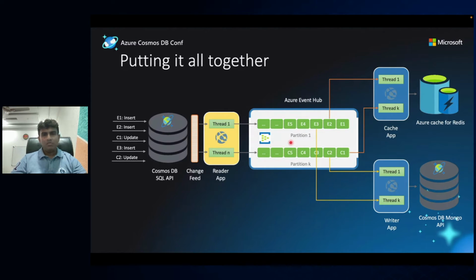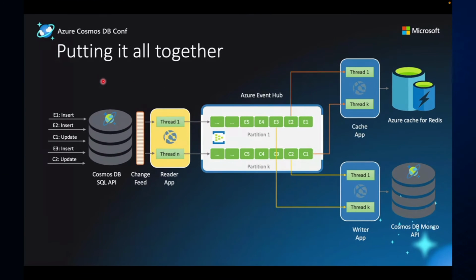With all this information, I have put together a streaming ETL application, which solves the original problem where I started. You have a write-heavy database, which is Cosmos DB SQL API, and you have a replica database, which is Cosmos Mongo, and you have Azure Cache for Redis.